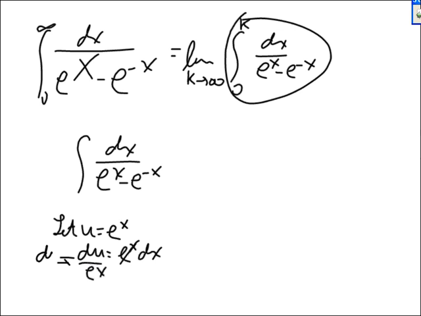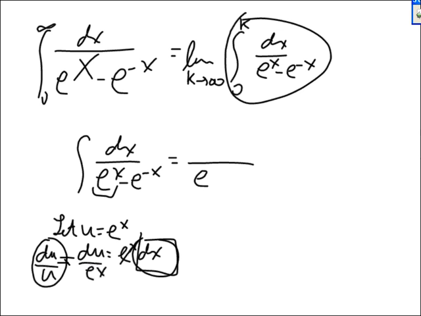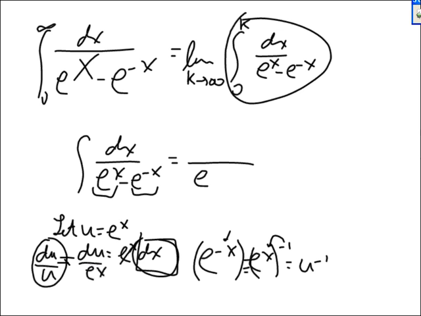But e to the x is u. So dx is du over u, just using u's. The bottom is u, and that's u to the negative 1. Why? Because e to the negative x is equal to e to the x to the negative 1. Negative 1 times x is negative x. So you get u to the minus 1, or 1 over u.